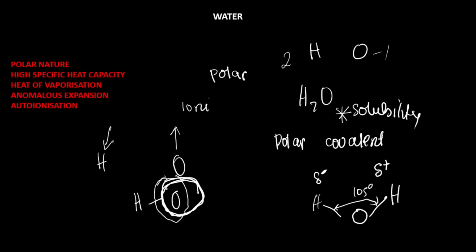Okay, so we have ionic substances being dissolved in water, and other polar covalent substances like alcohol and sugar are also able to dissolve in water, and this is of great importance in the biological system.